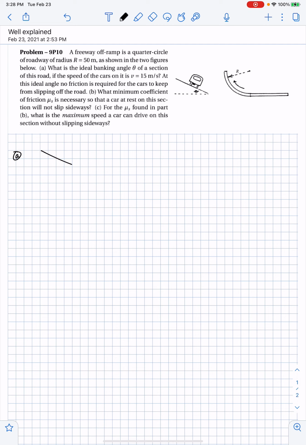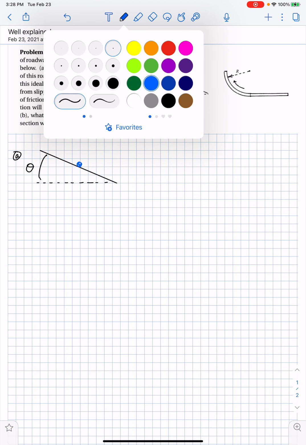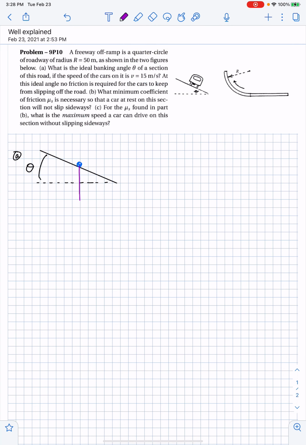Okay, so you're going to have the road that forms an angle theta like this with the horizontal, and the car is going to have a center of gravity right here. And so the car is going to have a mass, therefore it's going to have a force Fg going down like this.